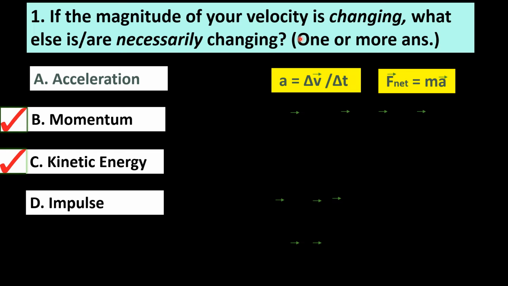Going back to our argument, if the velocity is changing, it doesn't necessarily follow that the acceleration is also changing. There are two possible cases as a result of having a change in velocity. We could have a constant acceleration, precisely because the net force is constant.